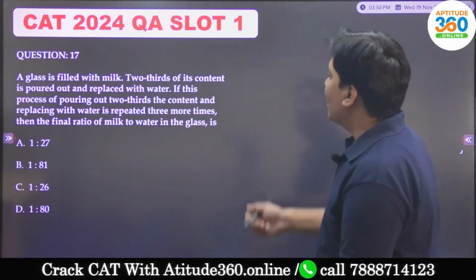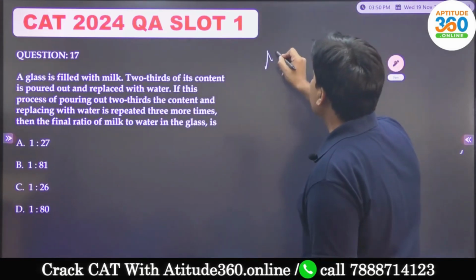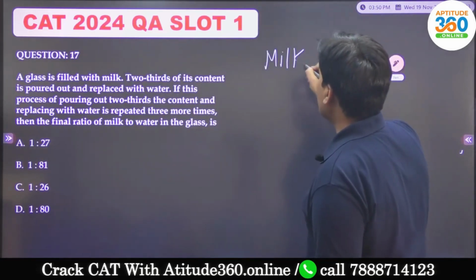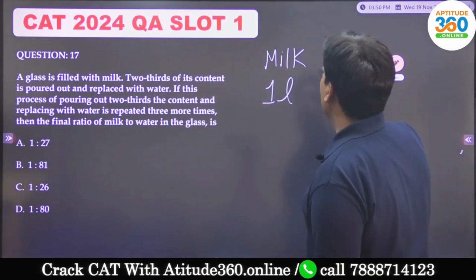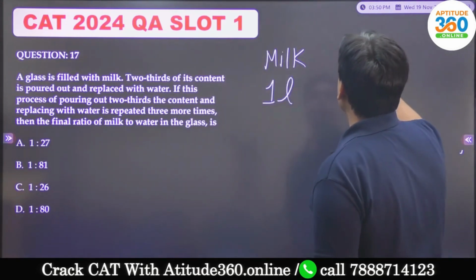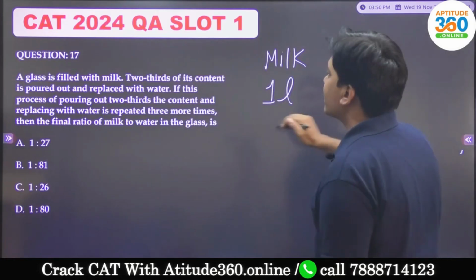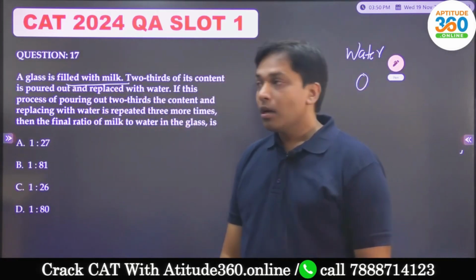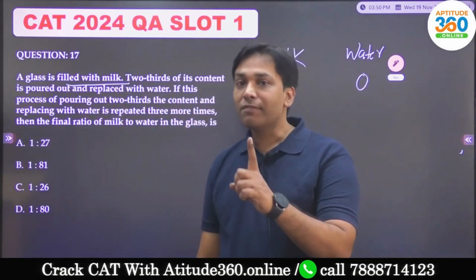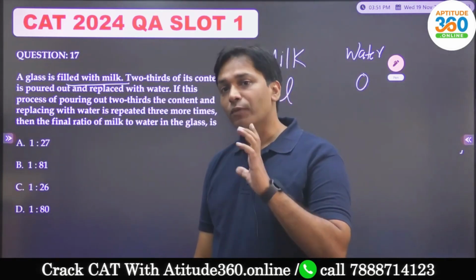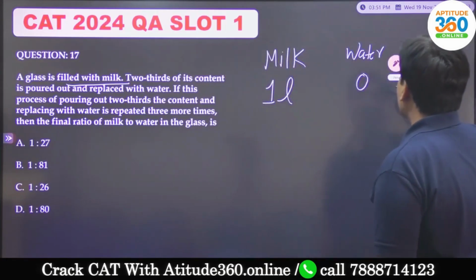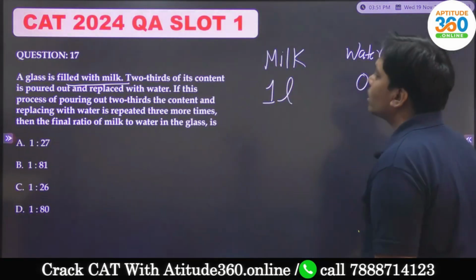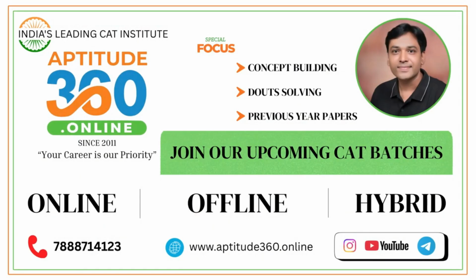It says that milk is there. Say for example, milk is 1 liter and there is no water in the beginning. A glass is filled with milk. So the volume of the glass I have taken as 1 liter and it is filled with milk. The problem tells you that 2/3 of its content is poured out.